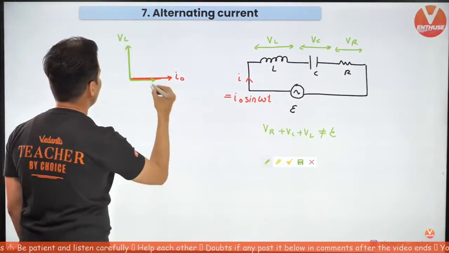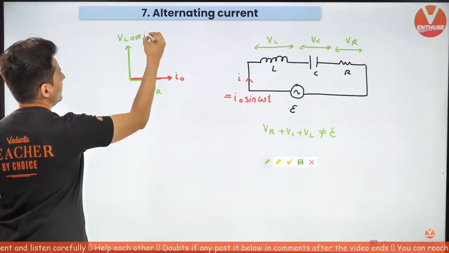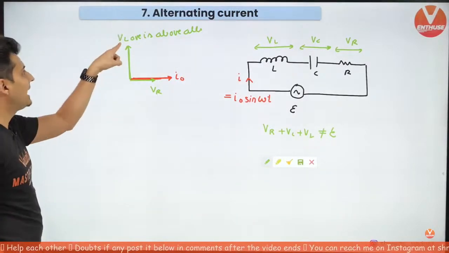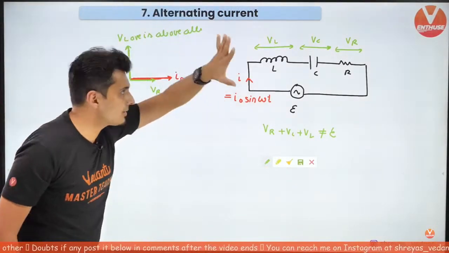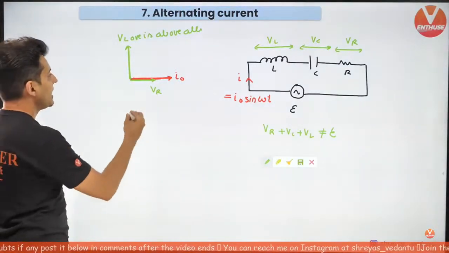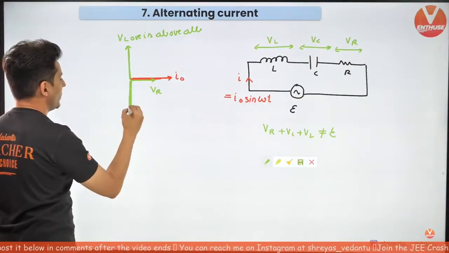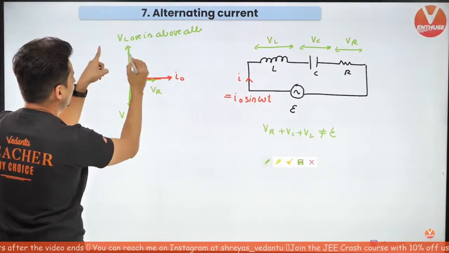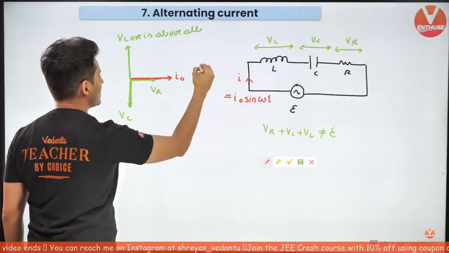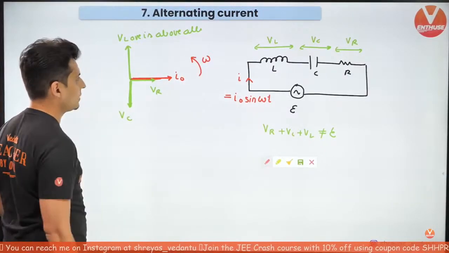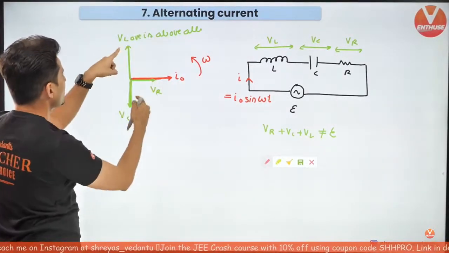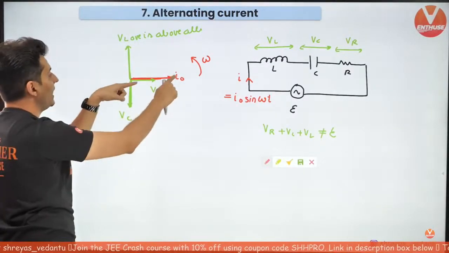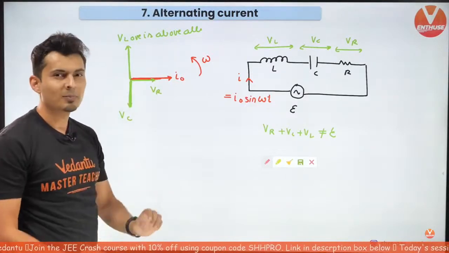And the best way to remember is love is above all. That means L, love. Yes, love is above all. So VL is on the top and VC, C is below. That's it. So voltage is ahead of current. Okay, by the way, if you are wondering which one is ahead or which one is behind, this is how it rotates. So VL is ahead of current. Capacitor's voltage is behind the current by 90 degrees.